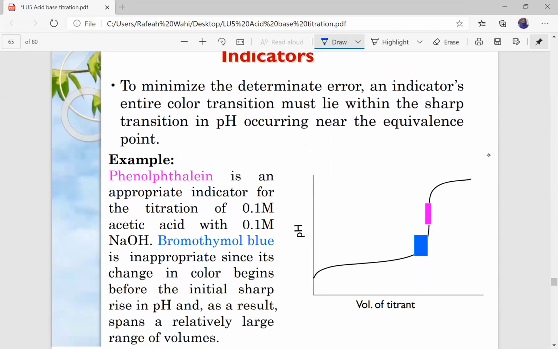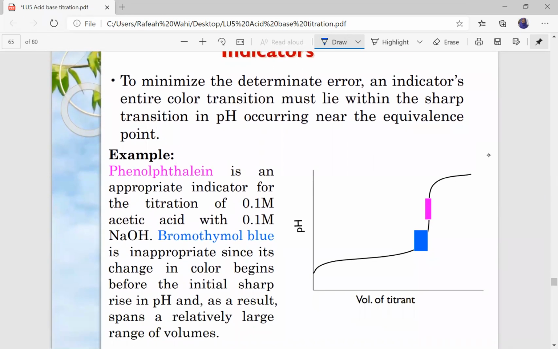Now, to minimize the determinate error, as we mentioned just now, determinate error is the difference between the experimental value or the endpoint detected in your titration process and the theoretical value, which is the equivalence point calculated from the information that you have. Okay. So to minimize the determinate error, an indicator's entire color transition must lie within the sharp transition in pH occurring near the equivalence point.